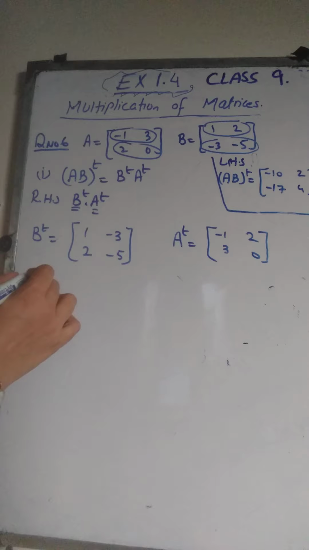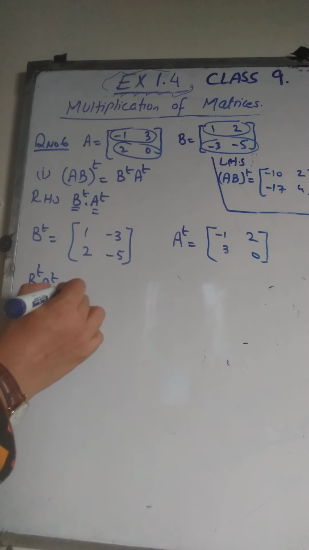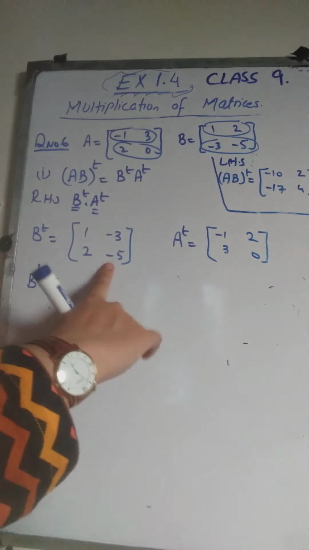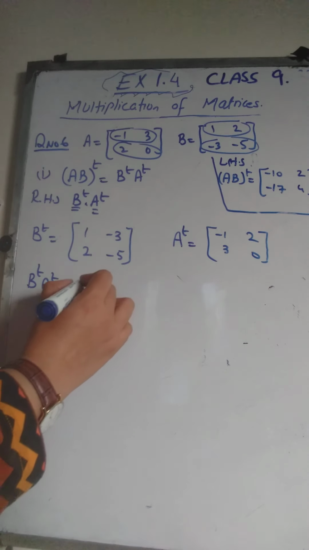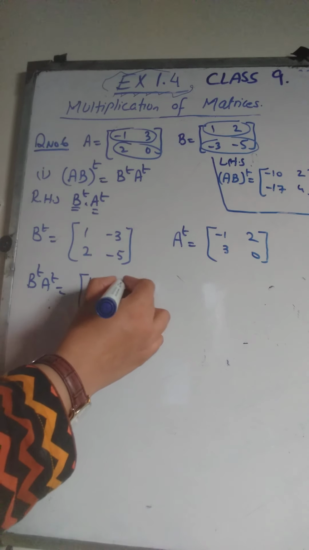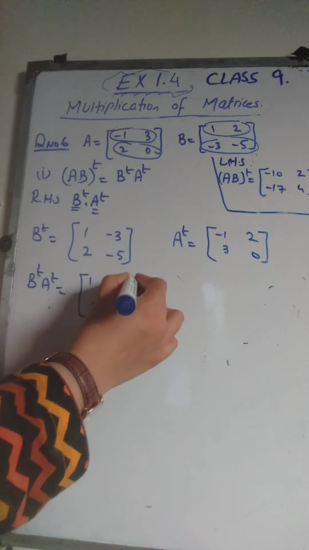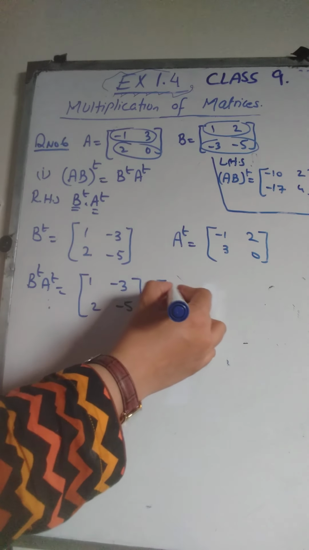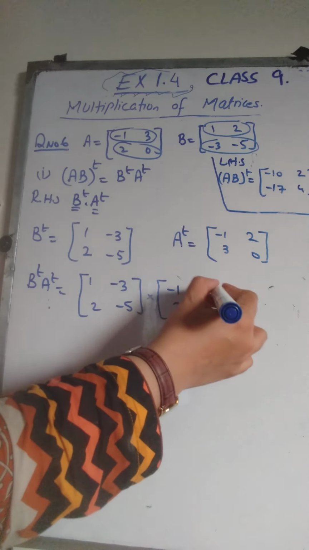Now B transpose into A transpose will be the product of B transpose and A transpose. These are the matrices that we are going to use: 1, -3, 2, -5 into -1, 3, 2, 0.